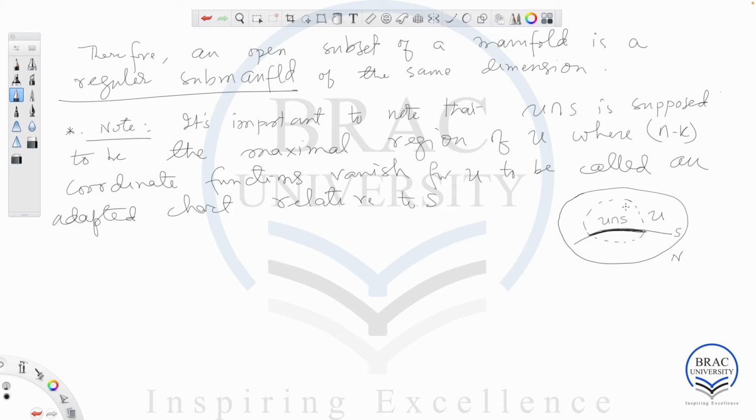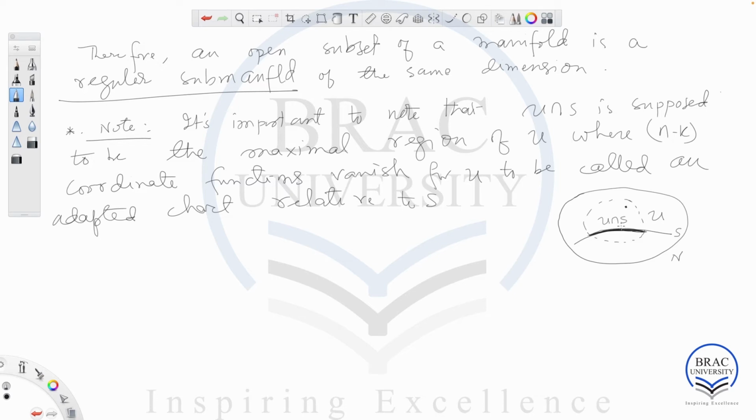If I pick up a point here which is outside U intersected with S, there I will never have the n minus k coordinate functions vanishing identically. This is the maximal region. In any of its subsets, of course, these n minus k coordinate functions vanish, but this is the maximal region of U on which they vanish.